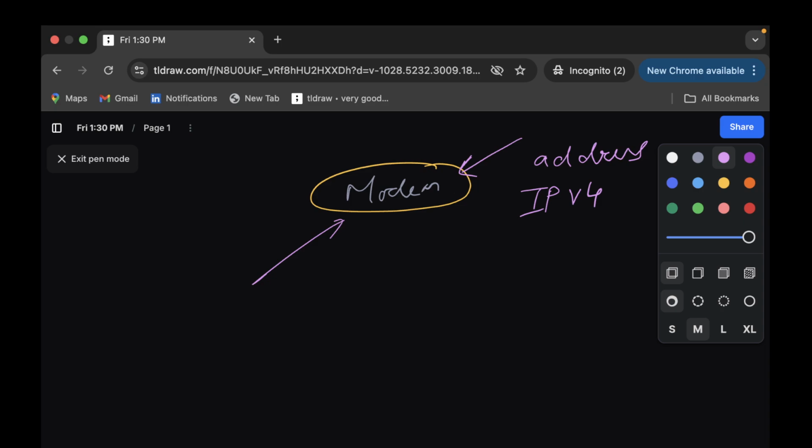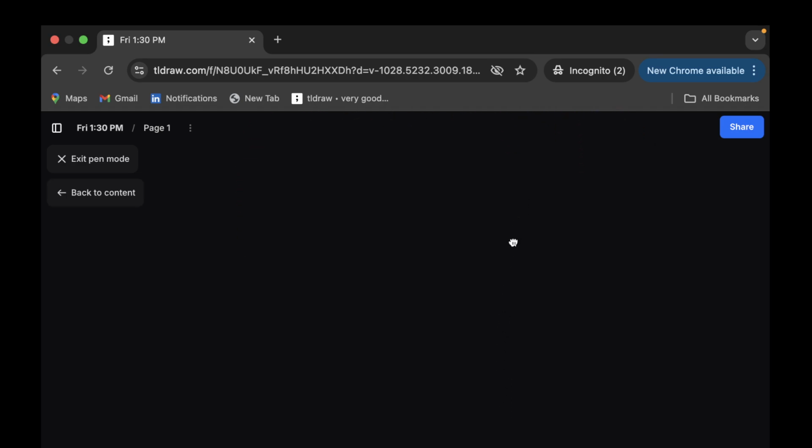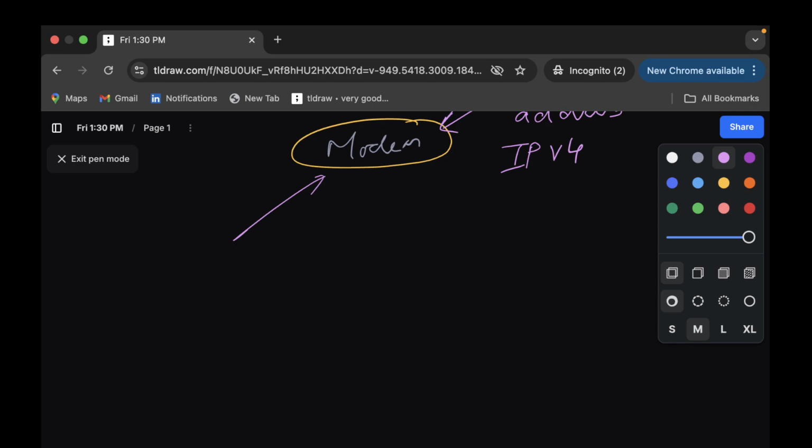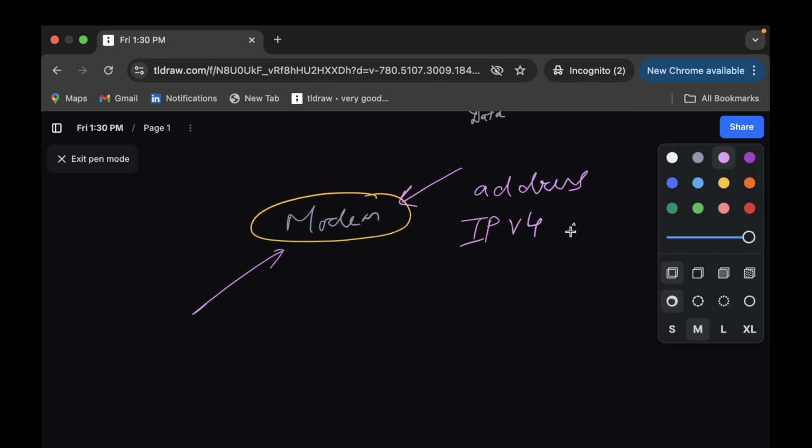So what we did is we divided these IP addresses into different blocks based on the size of the organization, how many addresses the organization needed. Using that information, we are going to identify the network. There are four classes in which we have divided them, and we'll see everything in detail. So we divided these IPv4 addresses into different classes.